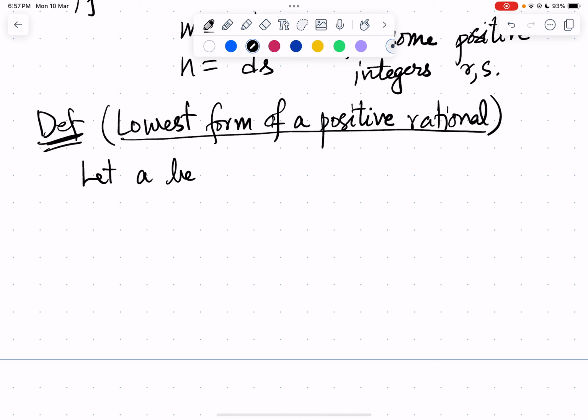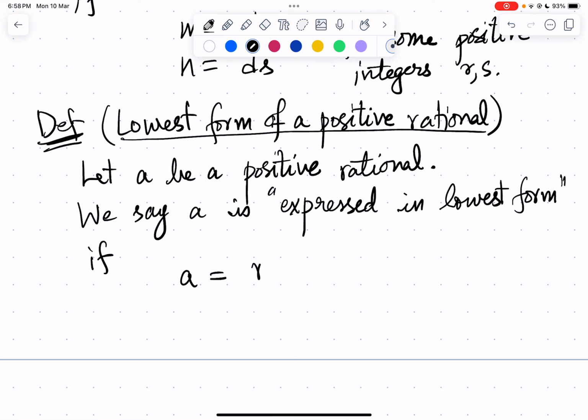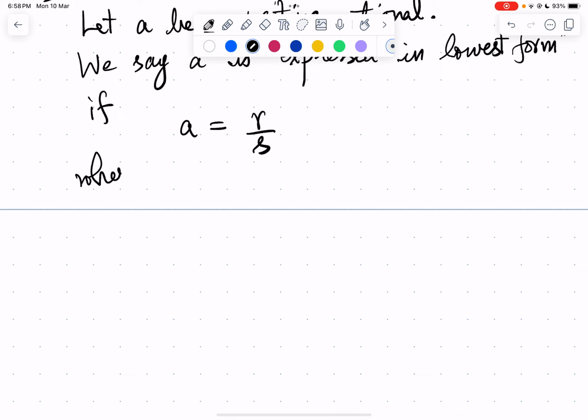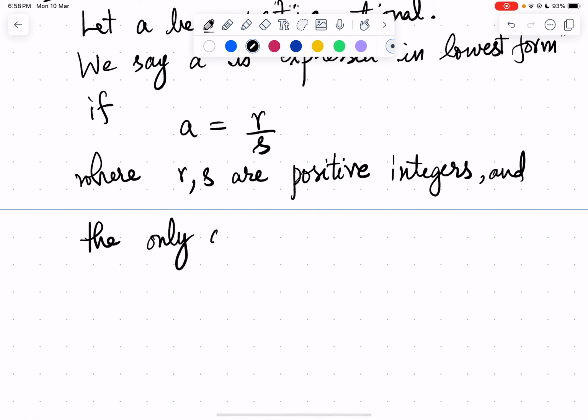Let A be a positive rational. We say A is expressed in lowest form if we write A equals R by S, where R, S are positive integers and the only common divisor of R, S is 1.